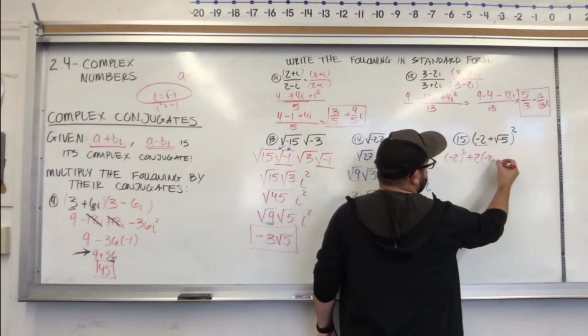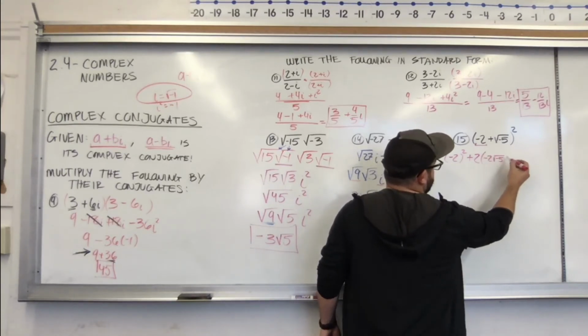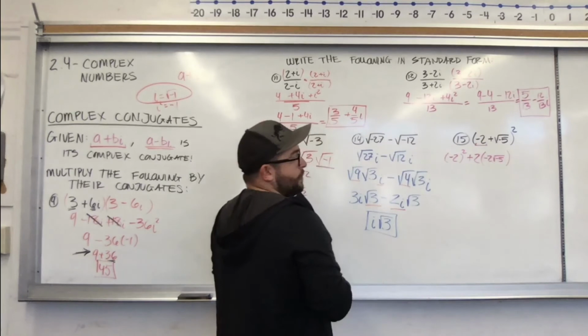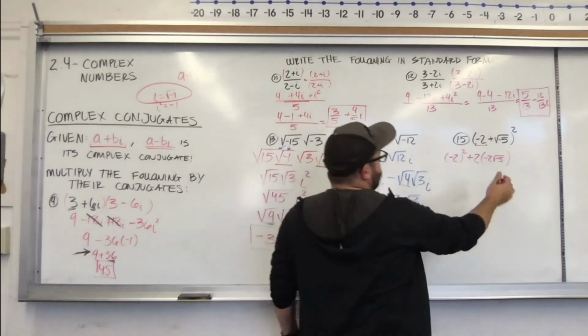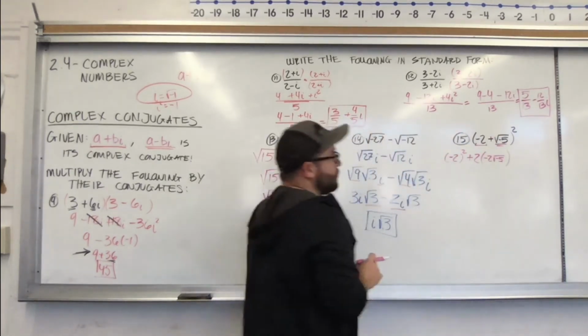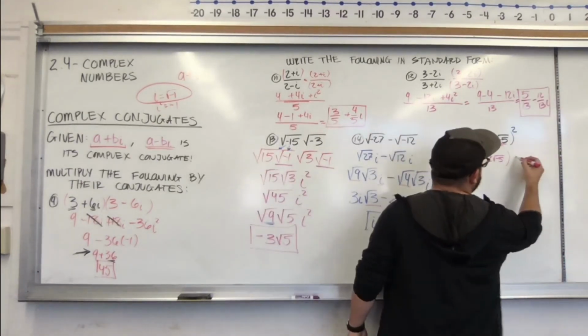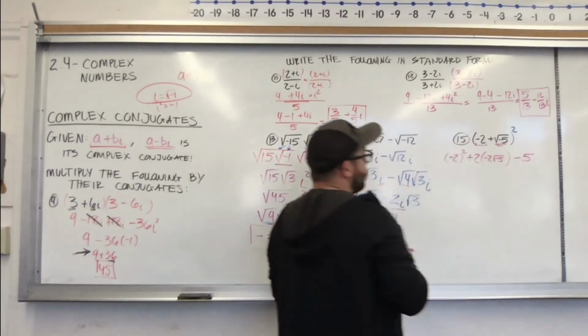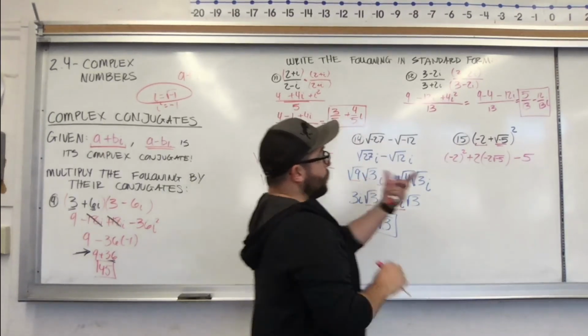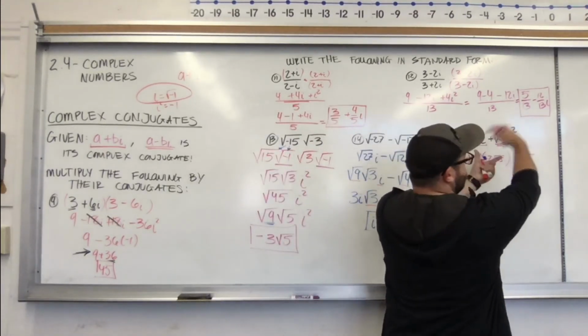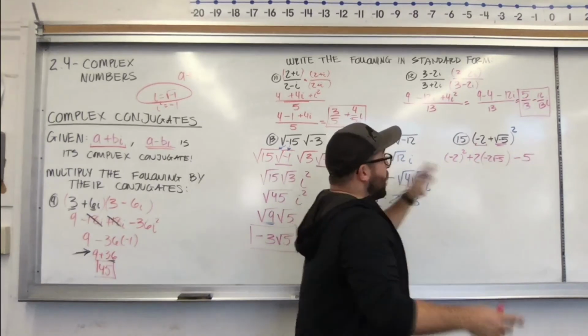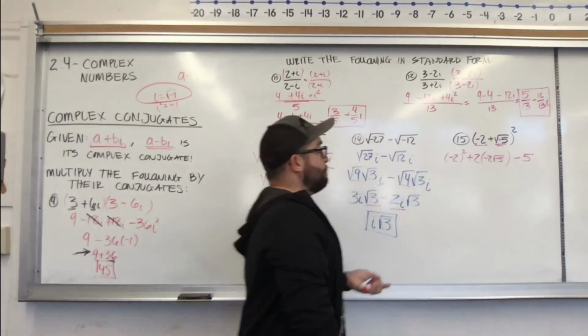So 2 times negative 2 square root negative 5. And then after that, we square this last piece. But if you square it in the square root, what happens? The square root goes away. We just get minus 5. Now, if you wrote this again by itself and you FOIL, totally fine. I'm just skipping that step to get to the middle.